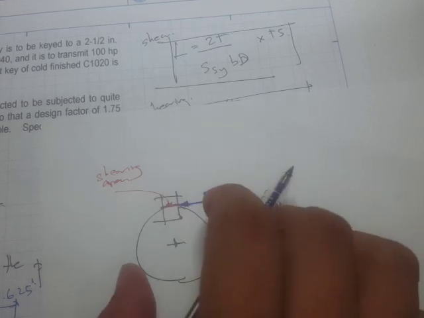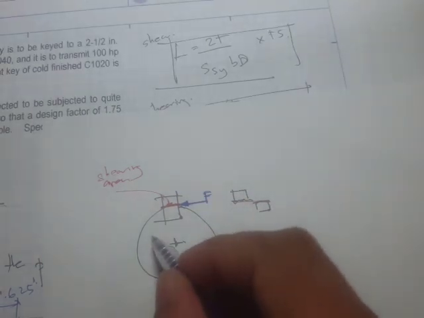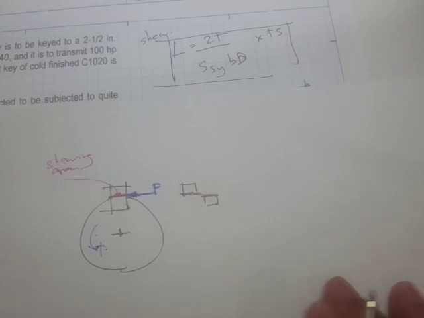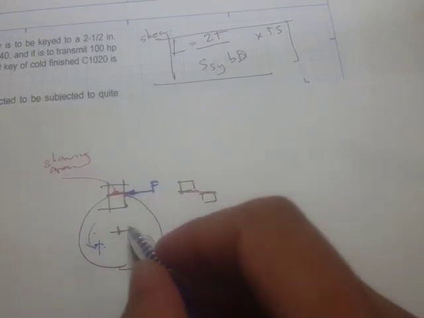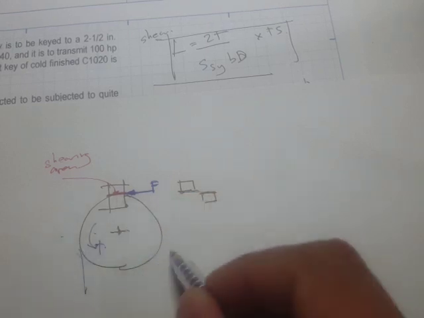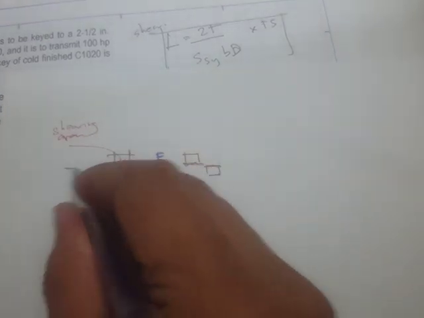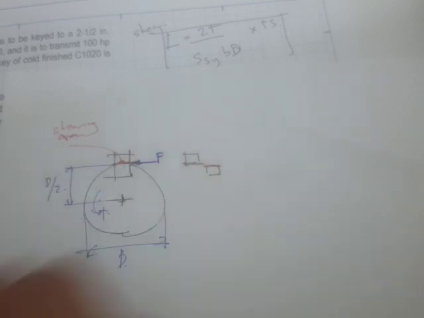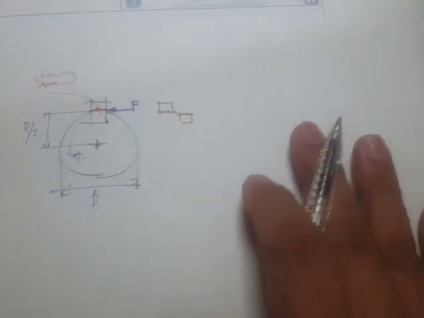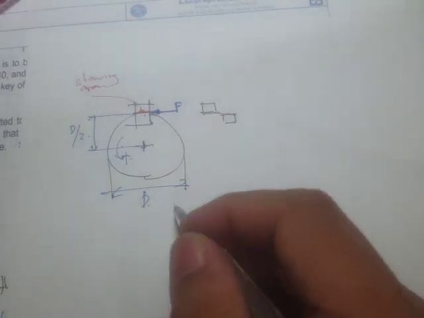And since from the shaft you can already obtain a torque, so we have a torque here, and we know that the force is related to torque through some moment arm. So right here, the moment arm, if this is the diameter, then half of the diameter, that's the radius, or d over 2. That's going to be the expression for the force.